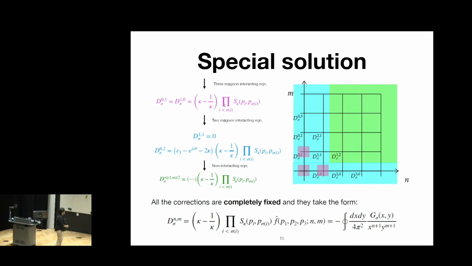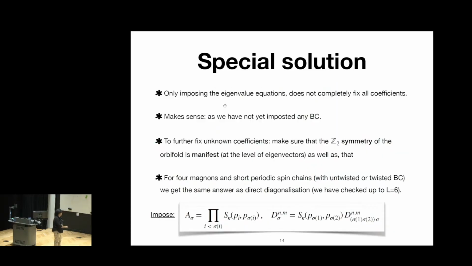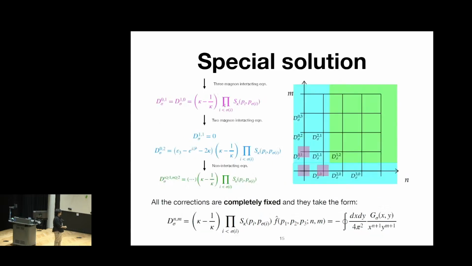So the point of this exercise is for this special solution that we started with this assumption, if you wish, you can completely solve for all these coefficients, and they have this very beautiful factorized form, and they can also be captured in a generating functional. And I want to say that the power of which we are not even close to comprehend. But you can ask me.